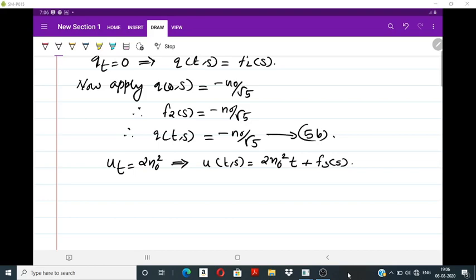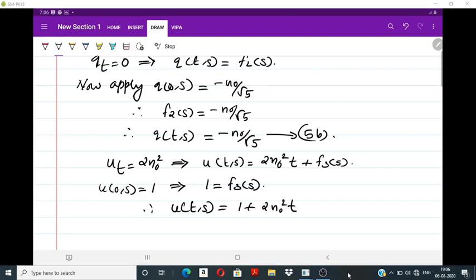Now apply u at 0, s, which is 1. This implies 1 is equal to f3 of s. Therefore u of t, s is equal to 1 plus 2 n naught square into t. Let this be equation 5c.